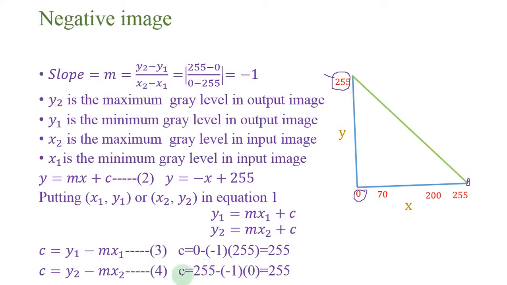Similarly, by using equation 4 we can calculate the value of c, which is 255. Putting the value of slope and constant c in equation 2, the equation becomes y is equal to minus x plus 255. So we will calculate the negative image in MATLAB.